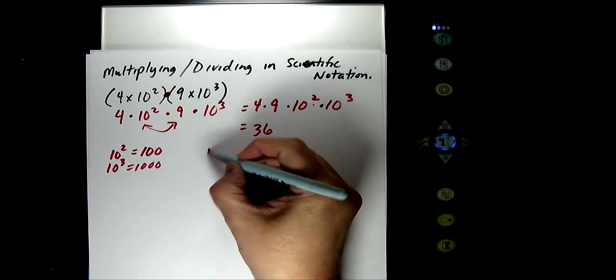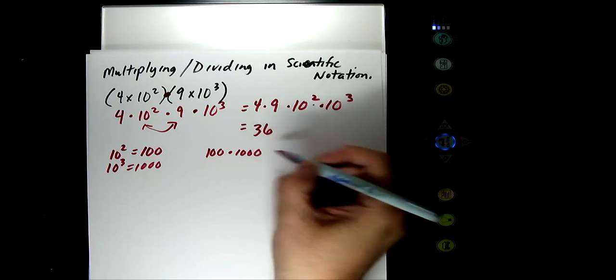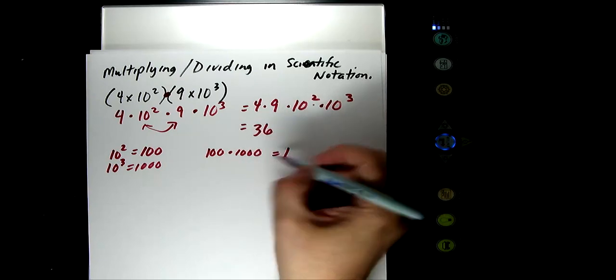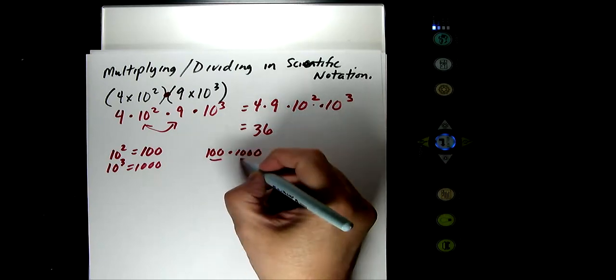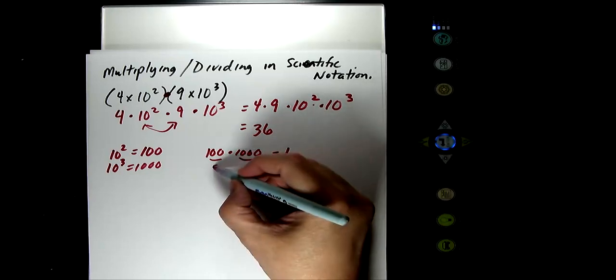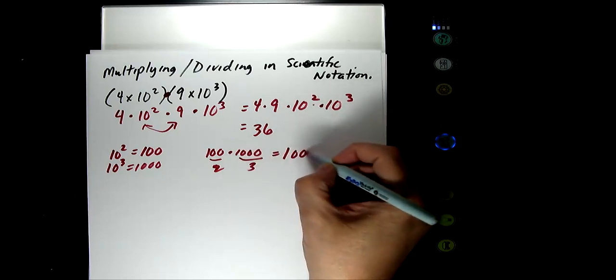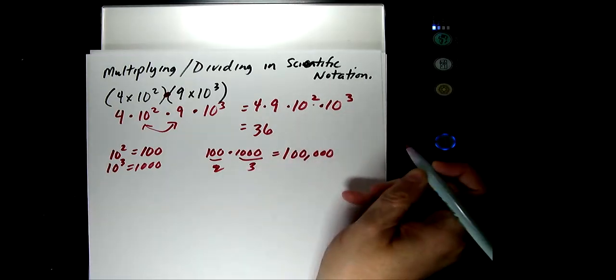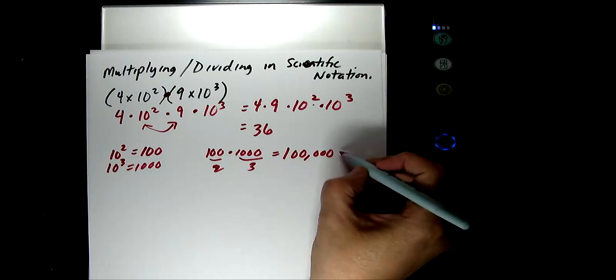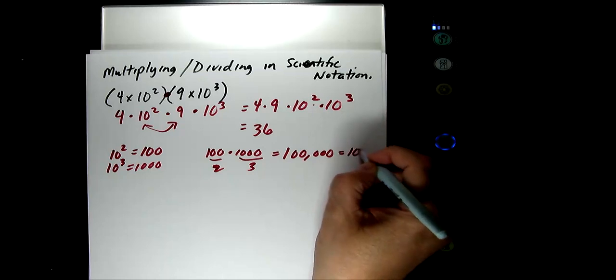When you multiply those, and they start with a 1, just add up the zeros, and that's how many zeros are after it. 100 times 1000, there's 2 and 3 is 5 zeros. There's 5 zeros after it. Which means I can write this as 10 to the 5th power.